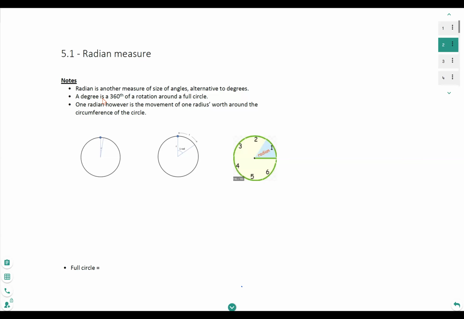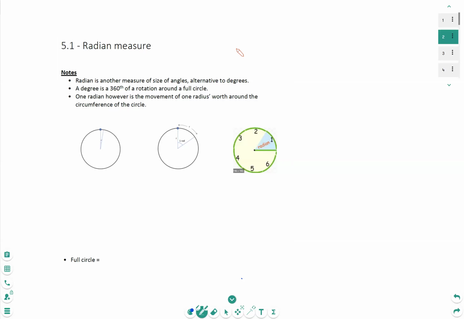So a degree is 1/360th of a rotation around a full circle. Really confusing. What does that mean? What it means is, if we use this circle for degrees, we divide the whole circumference by 360 slices.